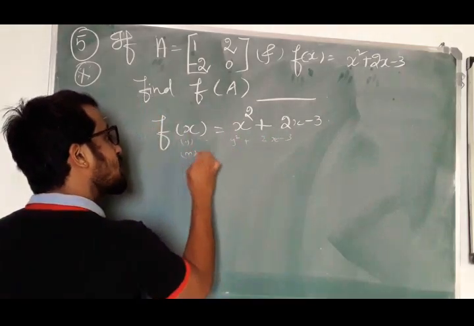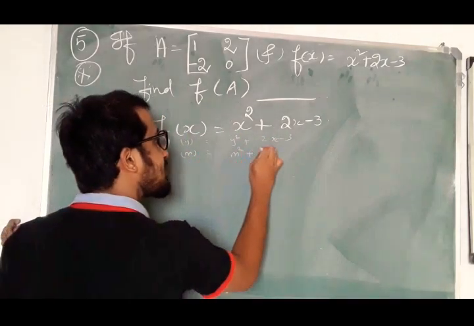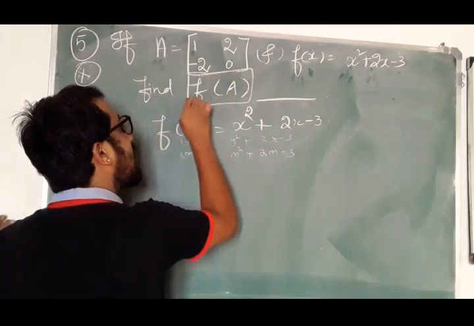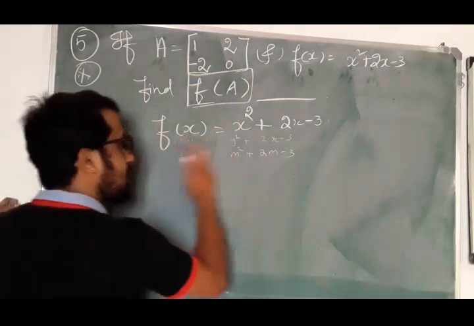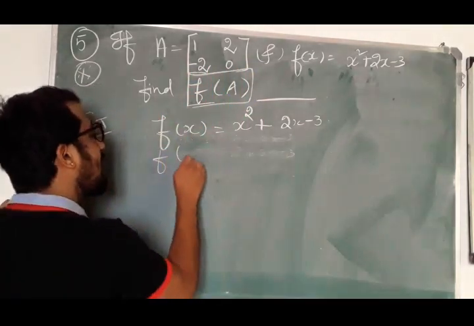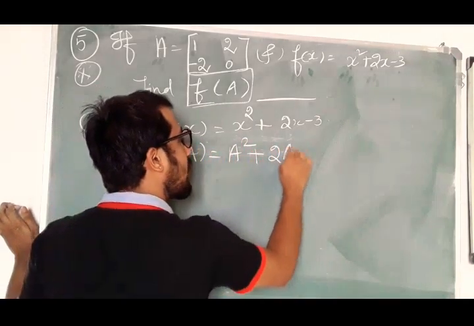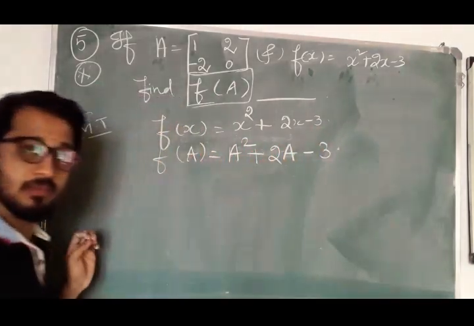F of m is what? M square plus 2m minus 3. Here they are asking to find f of capital A. That means f of capital A is equal to A square plus 2A minus 3.